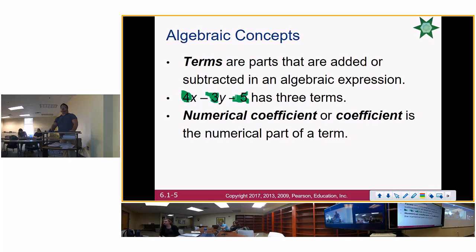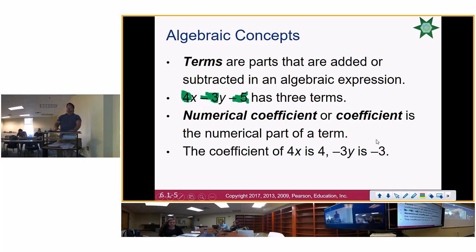Those are all coefficients. Coefficient is the number in front of the variable. Actually, this has an x to the 0 or y to the 0. You just don't see it. We're not going to get into it that deep. And they're telling you which one's the coefficients.